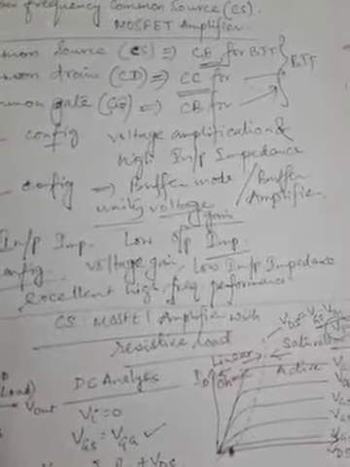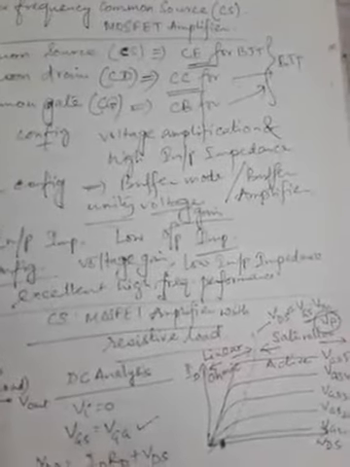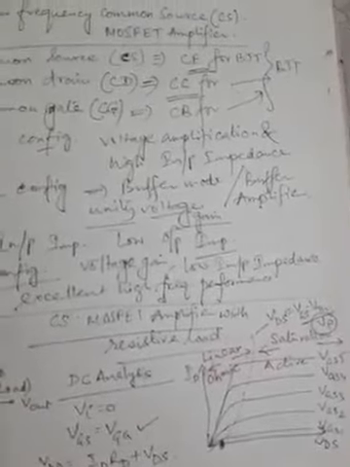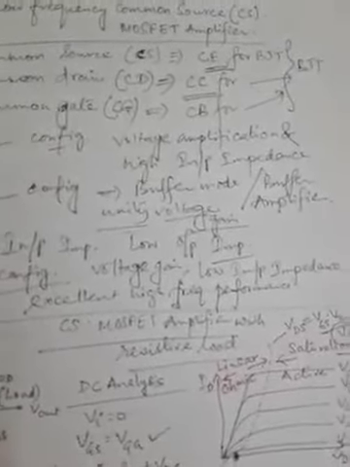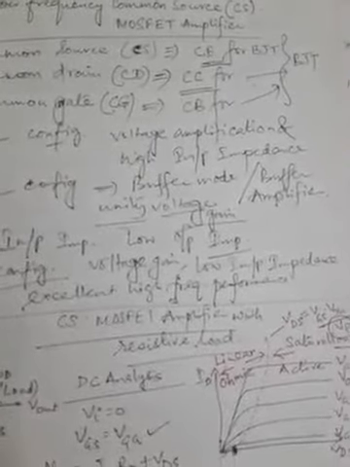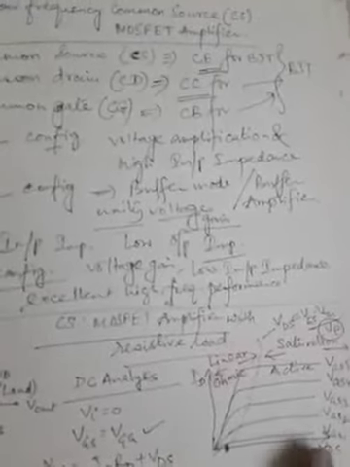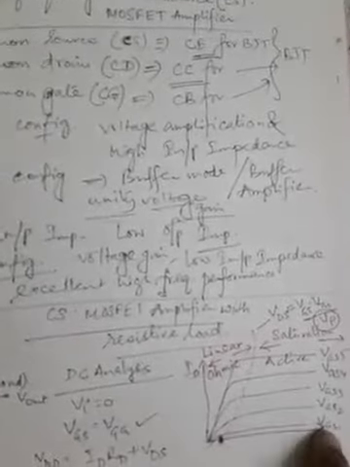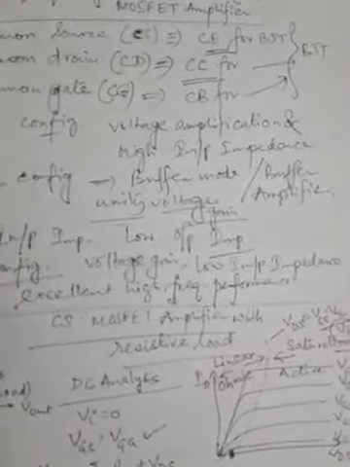So now we have two equations, one is this one, another is this one. So let us find from these two equations the two extremities of the load line, that means the load line which is intersecting the x-axis and y-axis, that means VDS and ID axis respectively. So for the first case, let us put VDS equal to 0 in this particular equation.